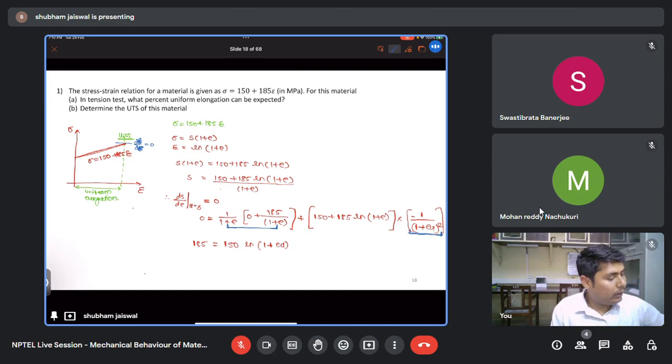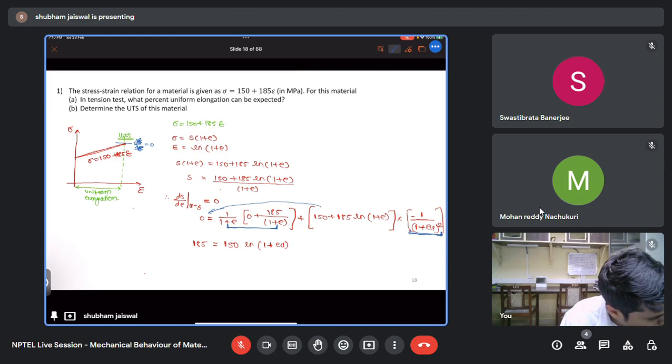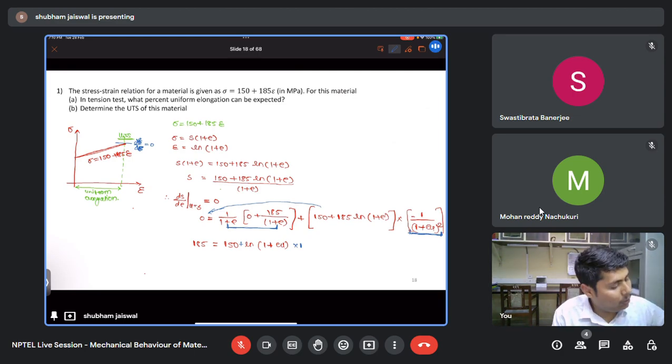If I take this equation this side, this term will get cancelled, and we are left with 185 equal to 150 plus ln(1 plus eU) into 185. Is it not?